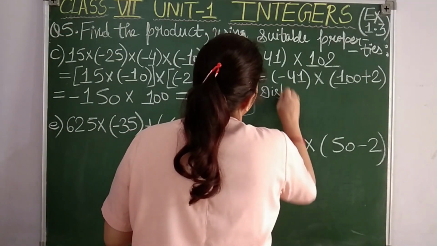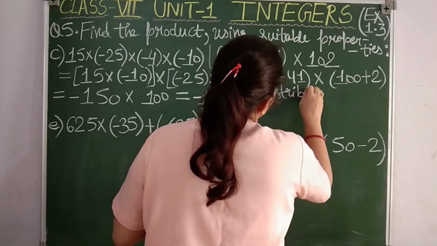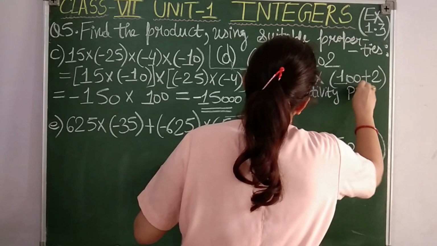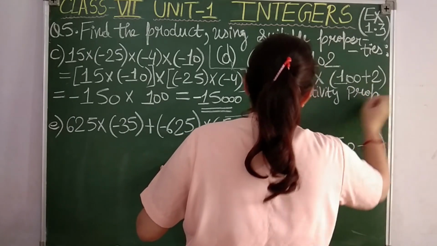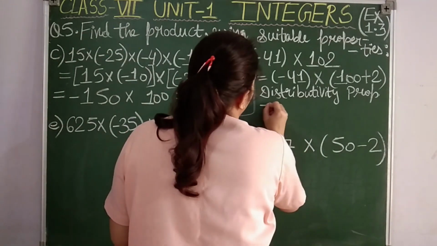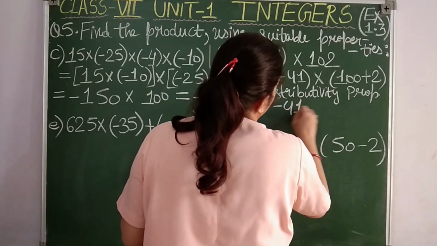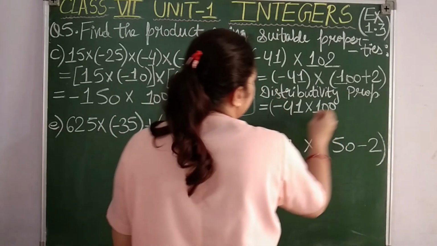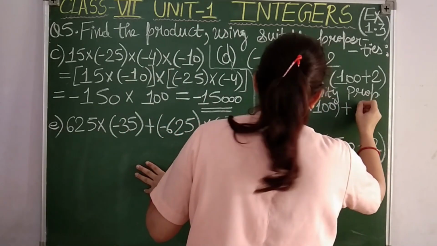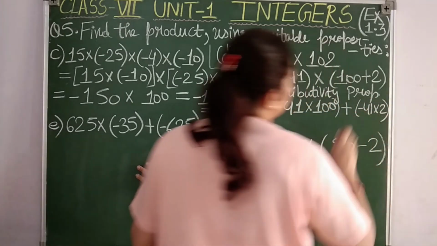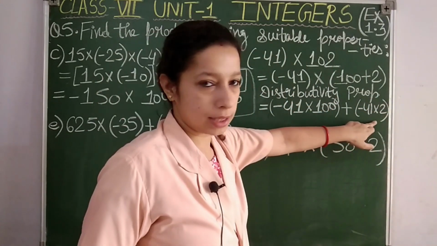Using distributivity property of multiplication over addition. So mention the property, students. Okay, now minus 41 into 100, that means A into B, plus again minus 41 multiplied by 2, that means A into C, students.